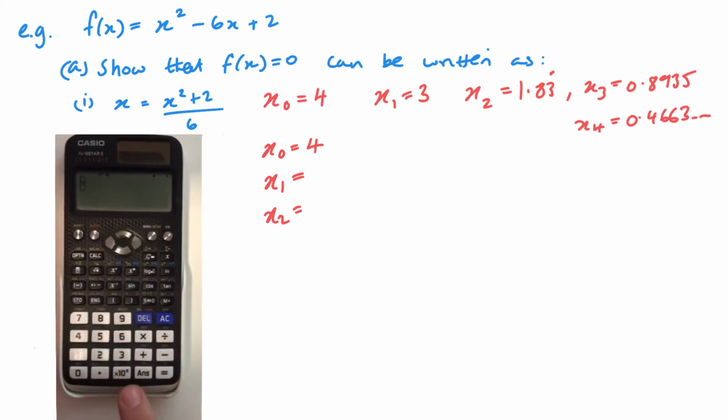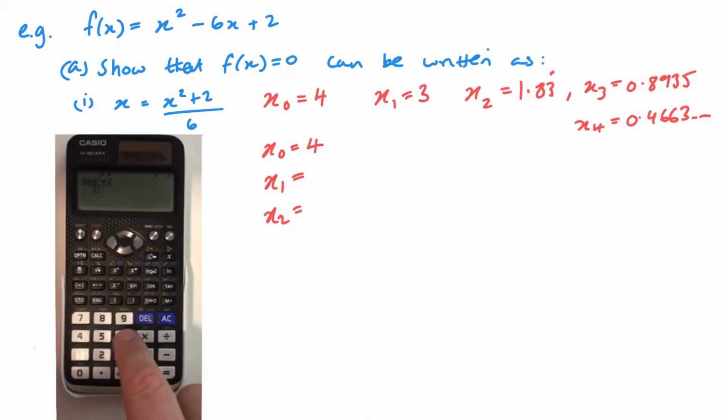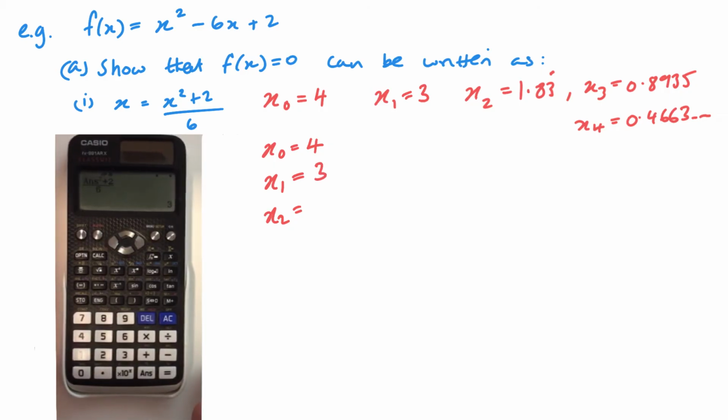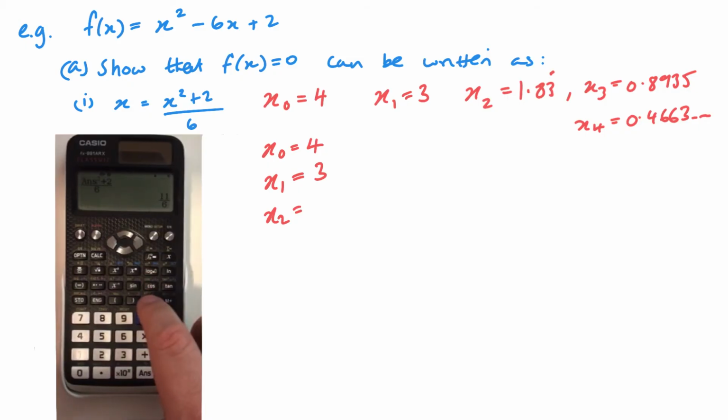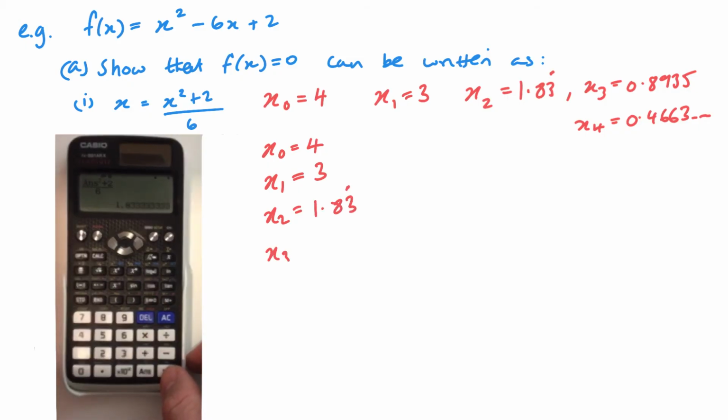So I'm going to put, like a fraction, answer squared plus 2, over 6. And then I'm going to press equals. You see my first answer is 3, which is my x1. Press equals again, and we get 1.833 recurring.